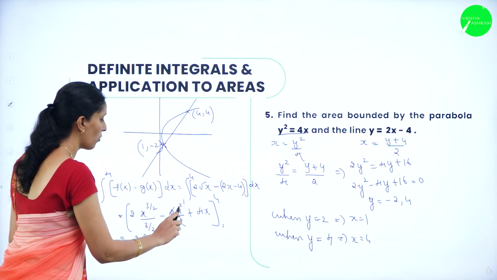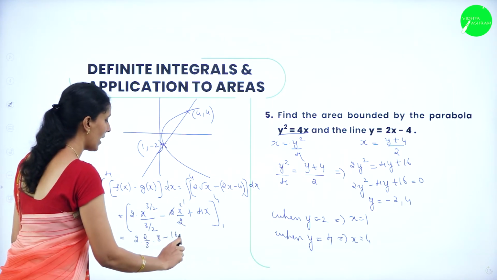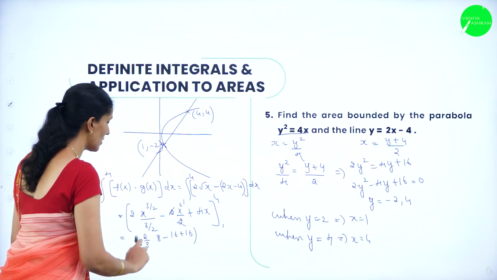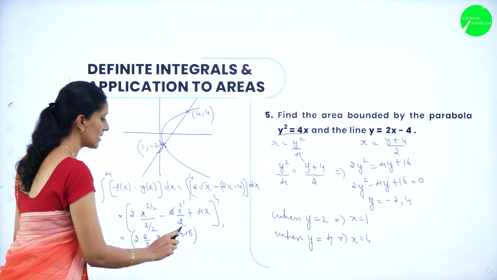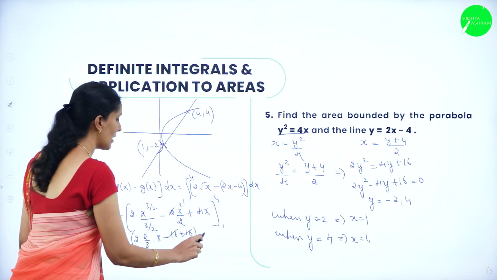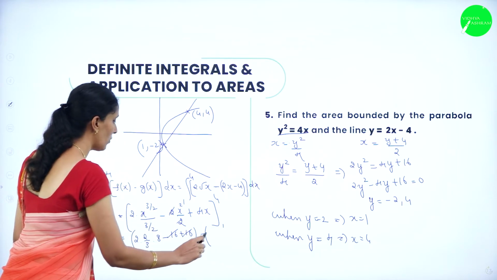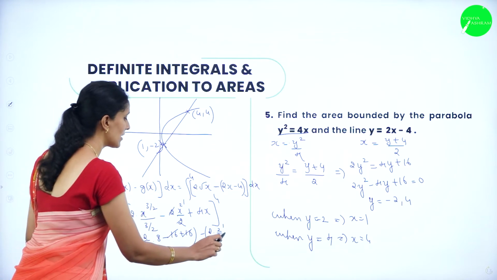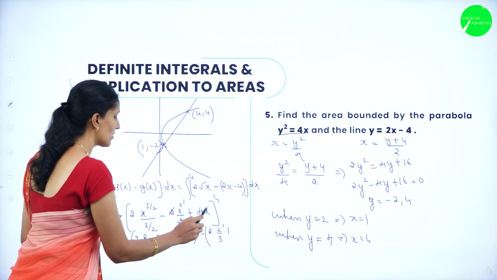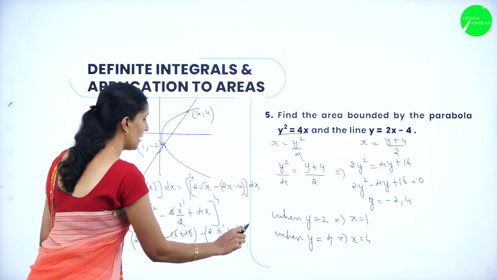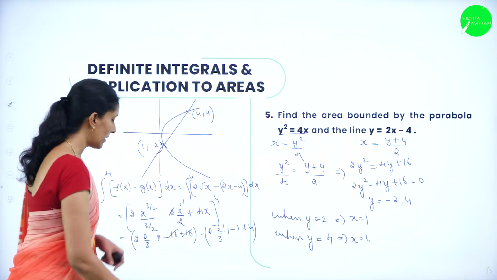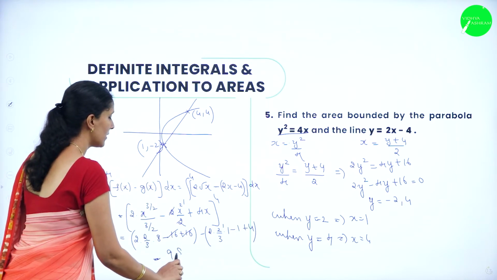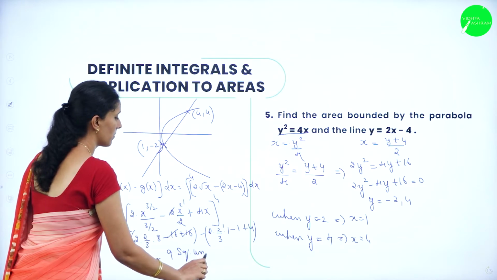Next you have 4 square, which is 16, and 4 fours are 16. So this is for the upper limit; 16 and 16 get cancelled. Minus, substitute the lower value: it is again 2 into 2 by 3 into 1, so minus 1 plus 4. So we will get the value as 9 square units.